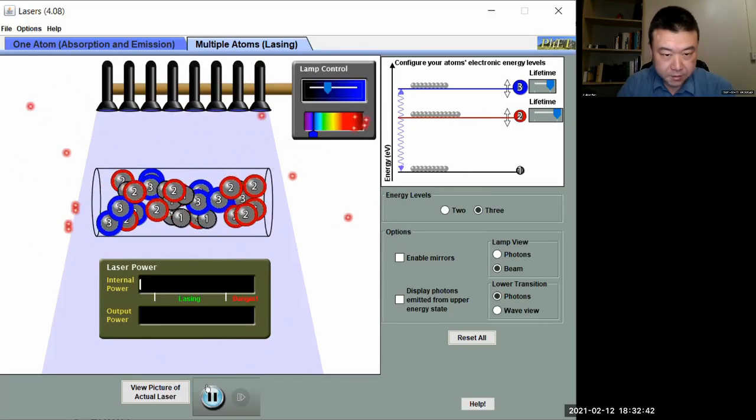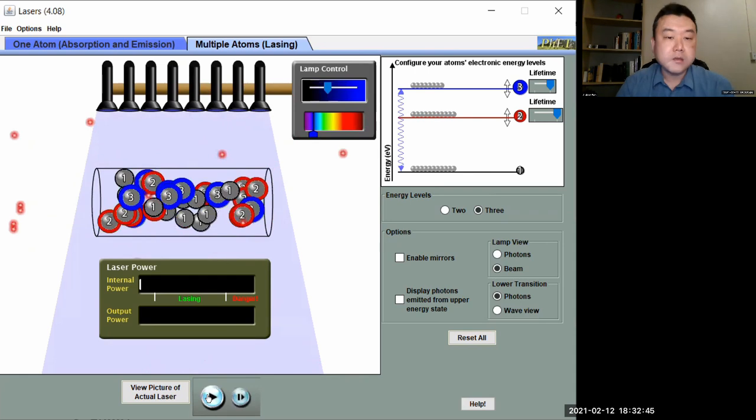Let me start the simulation, pause it. You see these models of atoms emitting light. They emit light when they undergo transitions. The incident light excites these atoms from level 1 to level 3, and as they decay down to level 2, and then from 2 to 1, that's when they emit light.